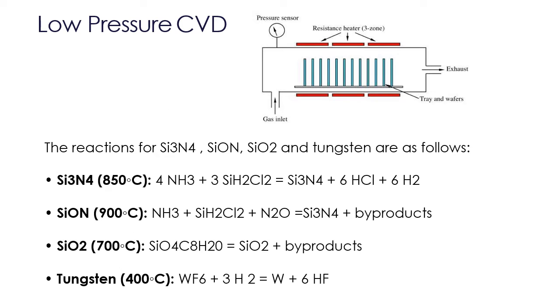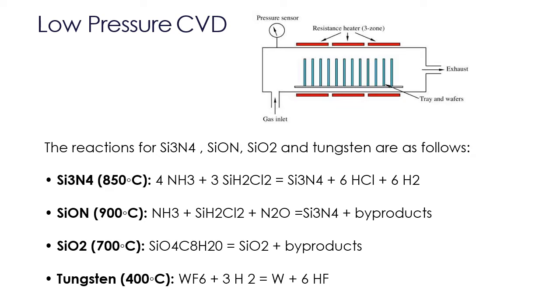Here is a diagram showing the low pressure CVD process. You can see the wafers arranged on the tray, and a gas inlet that supplies the gas into the vacuum chamber. The reaction happens in this chamber, creating the thin film layer that we want.